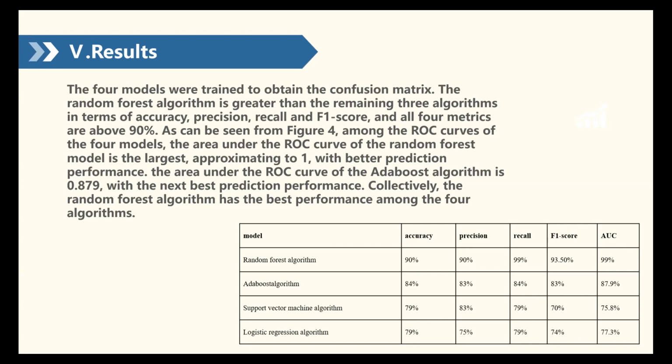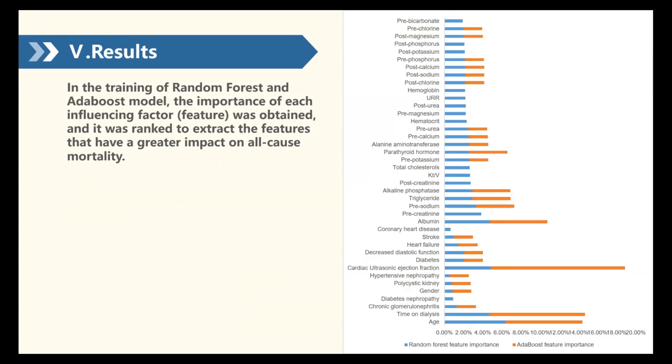And in the training of the random forest and AdaBoost models, the importance of each influence factor was obtained, and it was ranked to extract the features that have a greater impact on all-cause mortality.